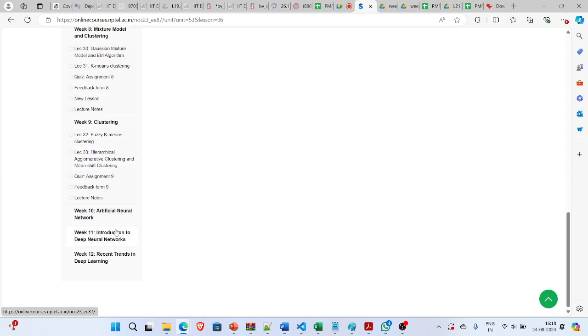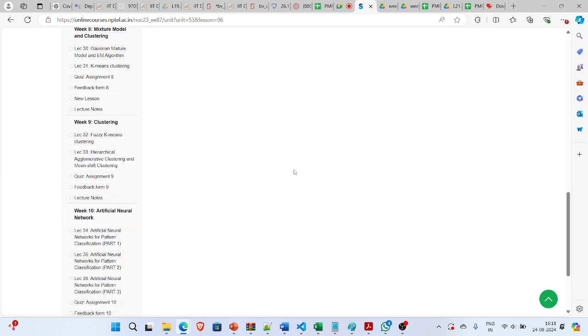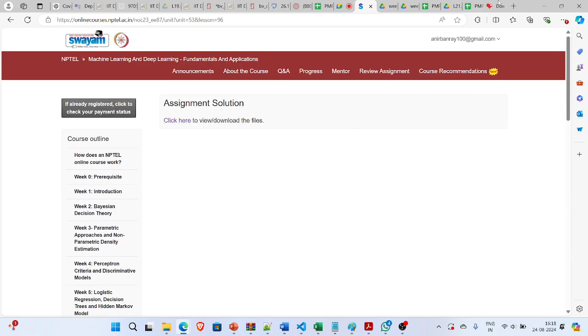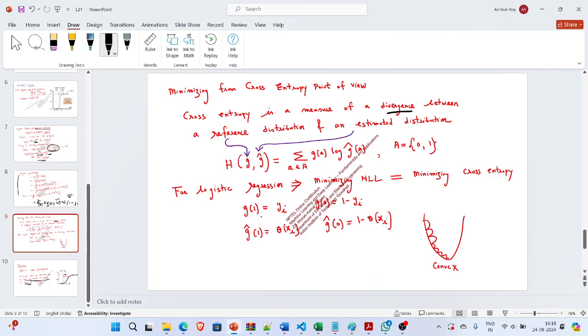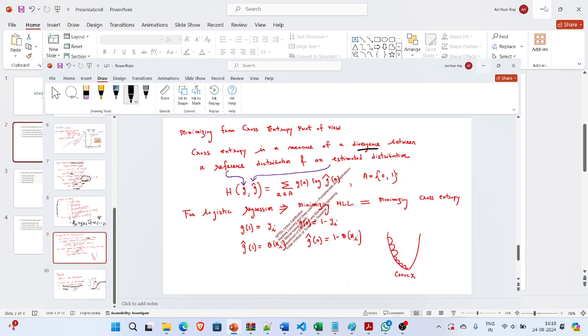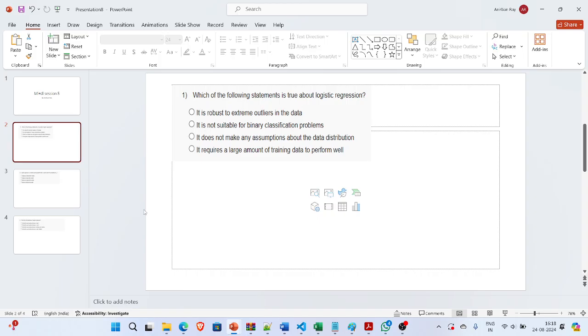Not sure, actually. The thing is that we don't have the solutions, so if we want to check the solutions, how can we check? The answer I provide won't be wrong actually.